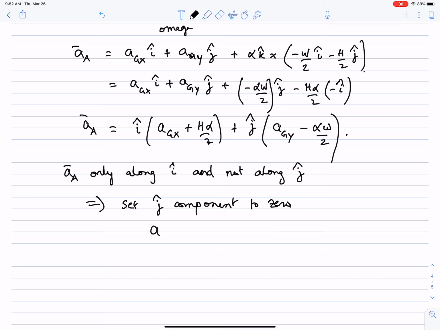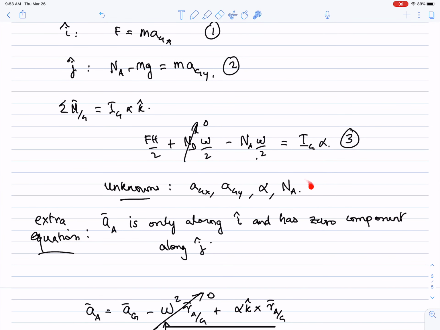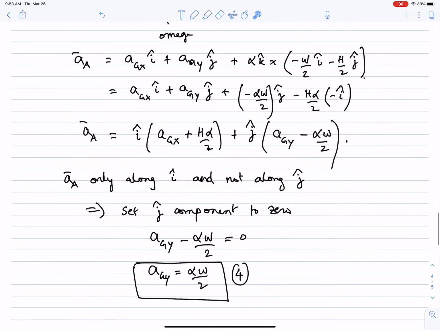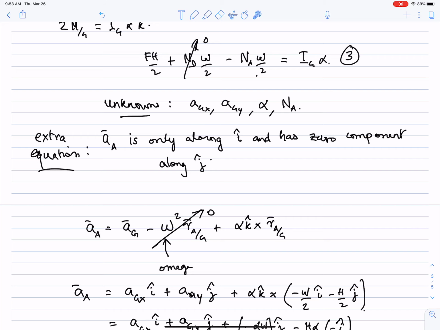So we have AGY minus alpha W by 2 equals 0, or AGY equals alpha W by 2. And that's your equation number 4. Okay, so we now have 4 equations in the 4 unknowns: equations 1, 2, 3, and this 4th equation, which you can then solve for the acceleration of the center of mass in the x direction, y direction, the angular acceleration, and then the normal reaction at A.